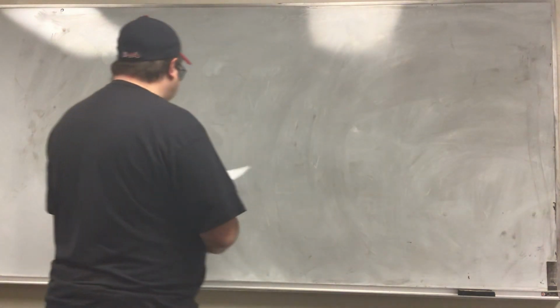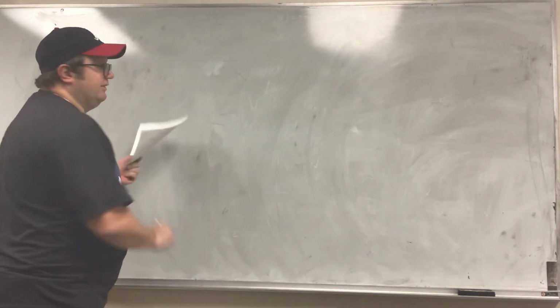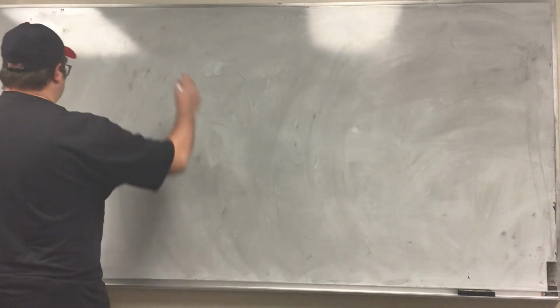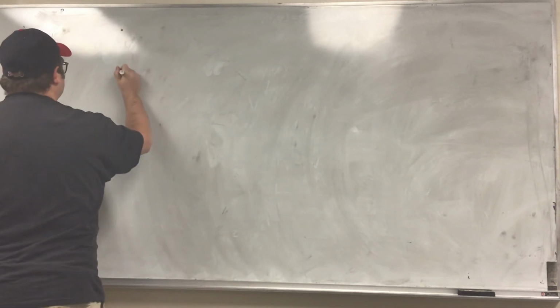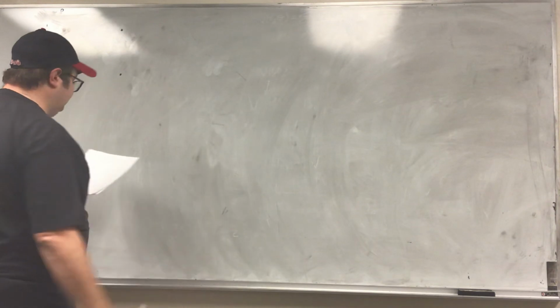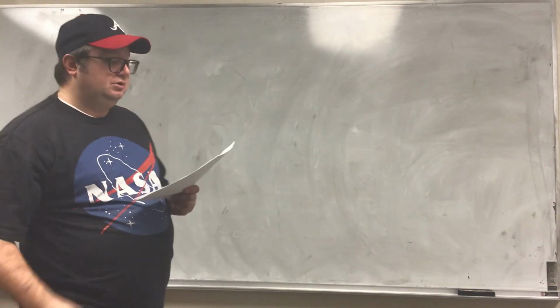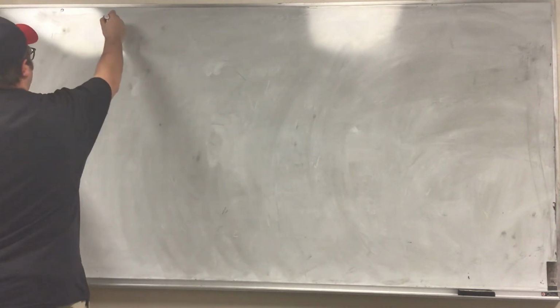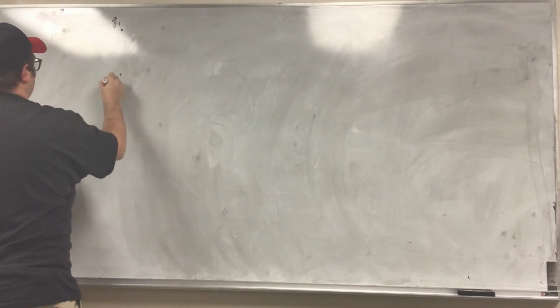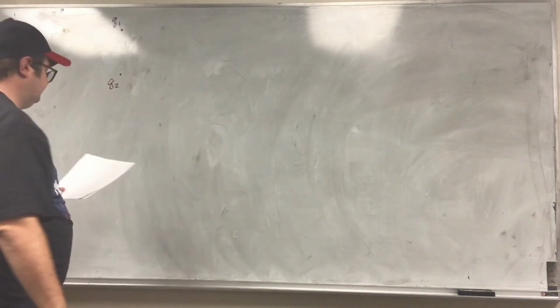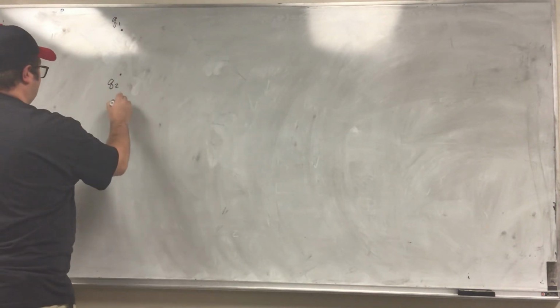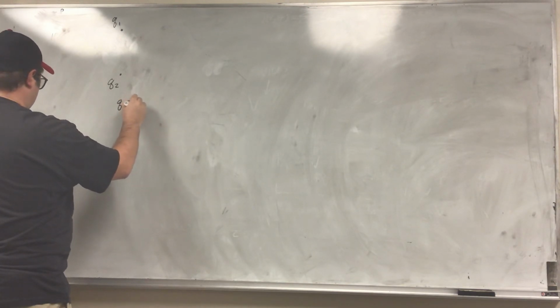Okay, so let's start with a simple problem. Imagine that I have two charges, Q1 and Q2, right? And I set it up so that Q1 is equal to minus Q2.